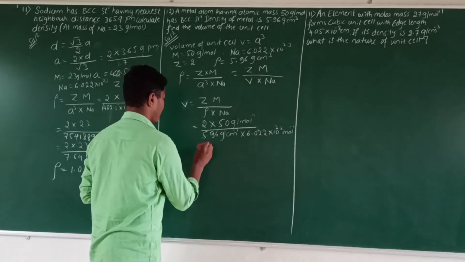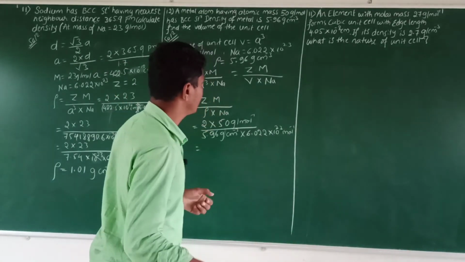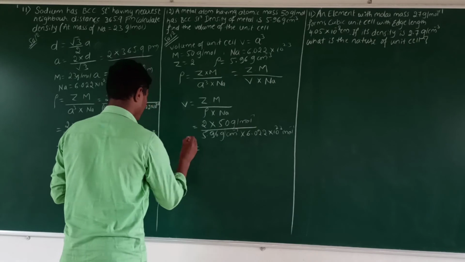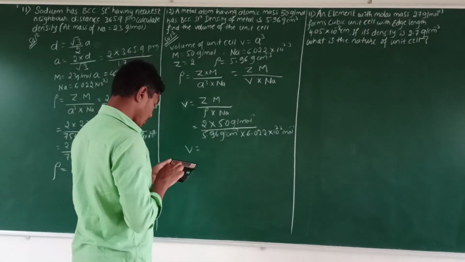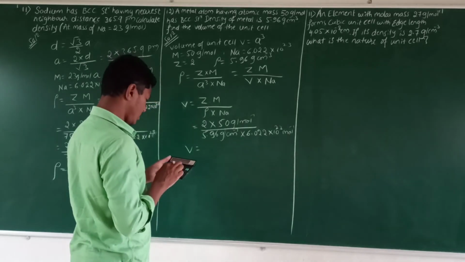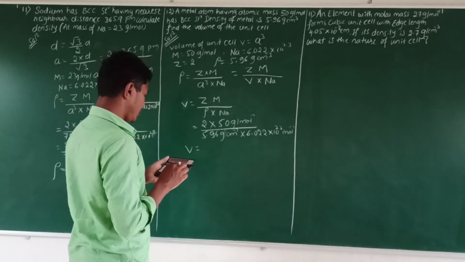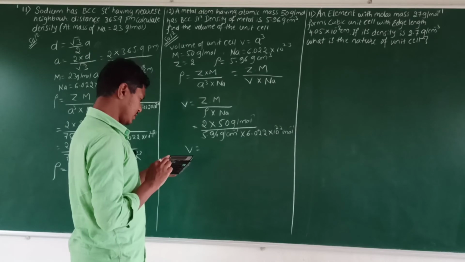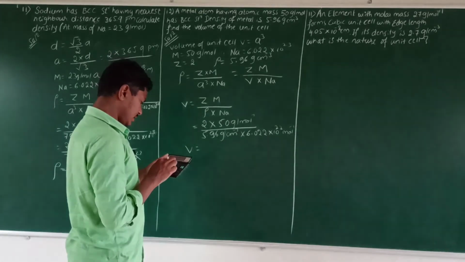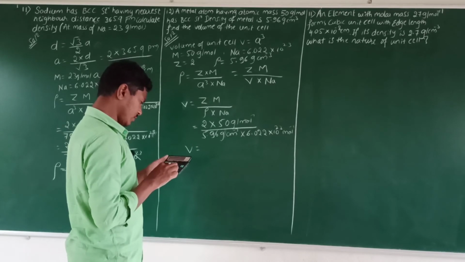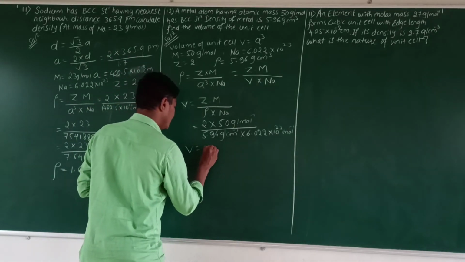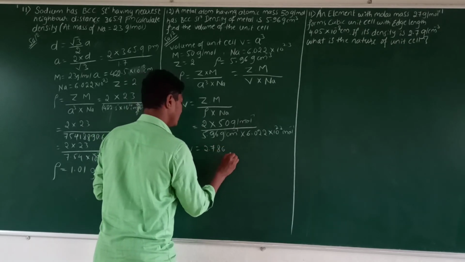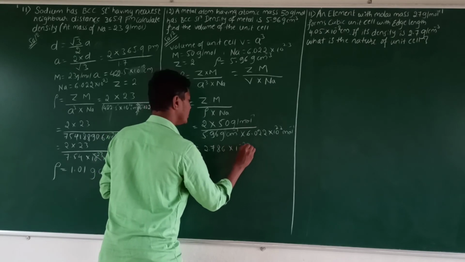Then calculating the things here. Volume is equal to 2 into 50 divided by 5.96 into 6.022, which is 2.786 into 10 to the power minus 23.